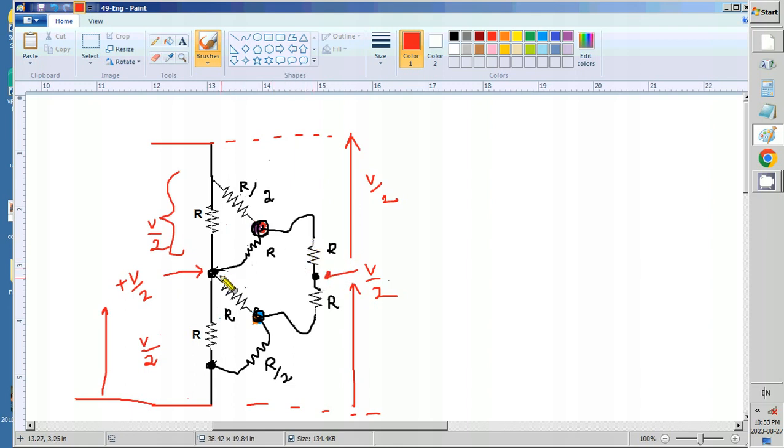Now you can connect this point and this point by a wire, or drag and solder, you can do anything.